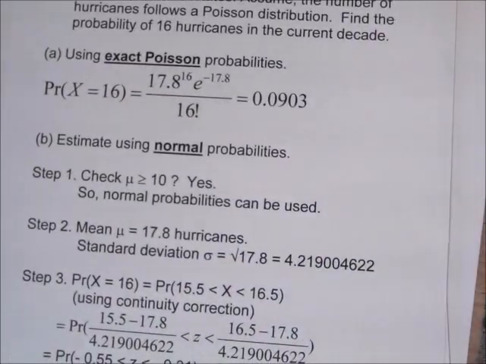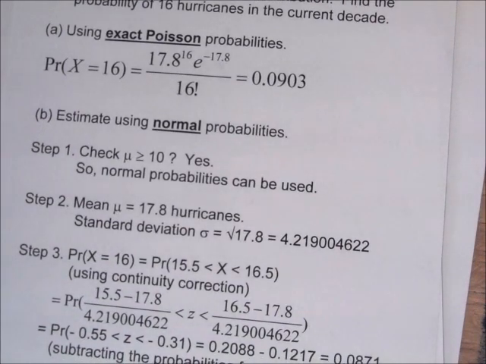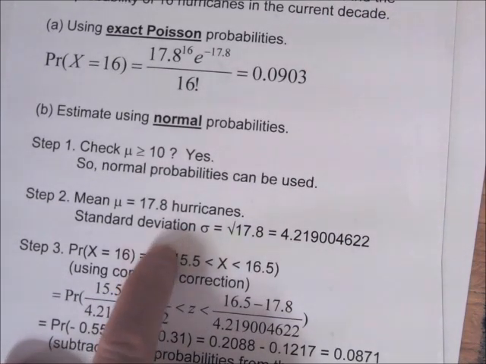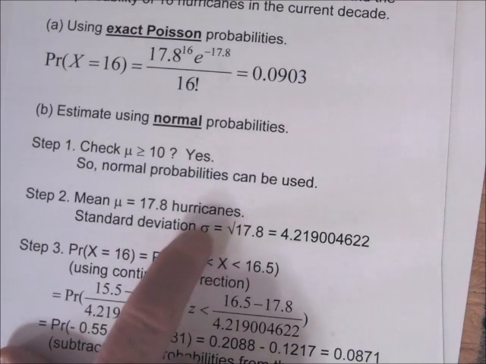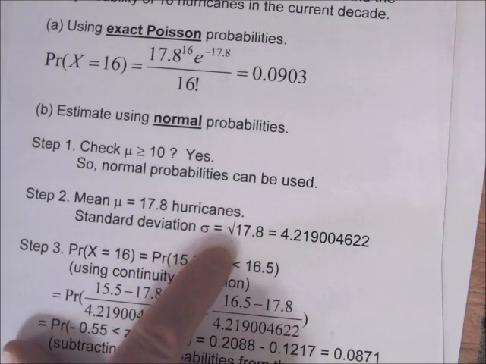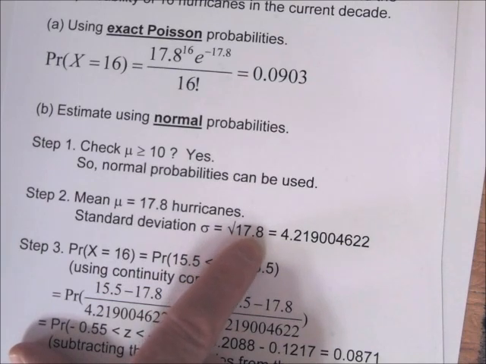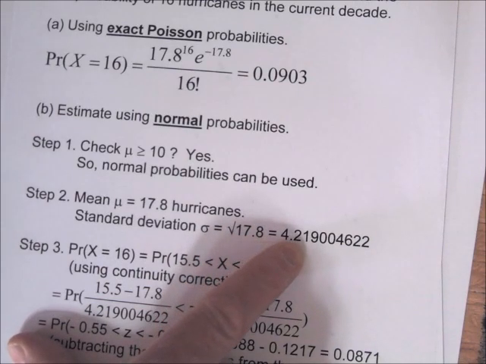0.0903. If we approximate with normal probabilities, check that the mean is at least 10, and that's a yes. So a normal probability should be reasonably accurate. The mean is 17.8. For Poisson, the standard deviation is the square root of the mean. So that's a special formula only for the Poisson. Square root of 17.8 comes out to be about 4.219.